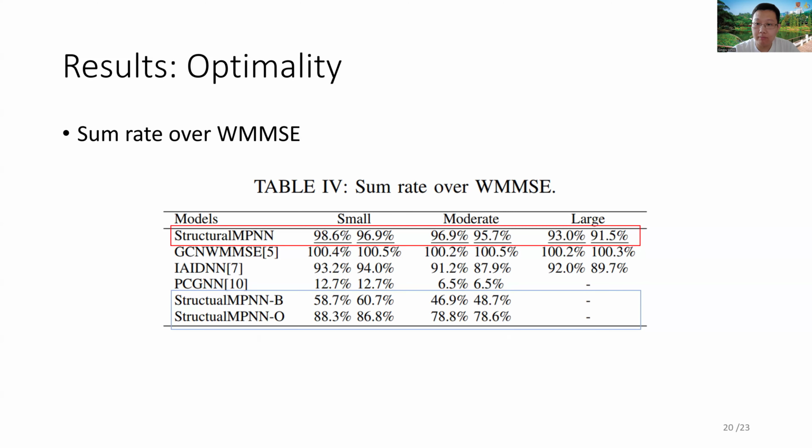First, we evaluate the optimality against WSE. Our proposed model achieves up to 98% optimality of WSE. We need to admit that a learning-assisted WSE method named GCN WSE achieves even higher optimality than WSE, but it suffers from poor efficiency. In the ablation in the blue box, we either replace our update module with a black box approach or remove our dimension transformation module, and both cause deterioration of our optimality.